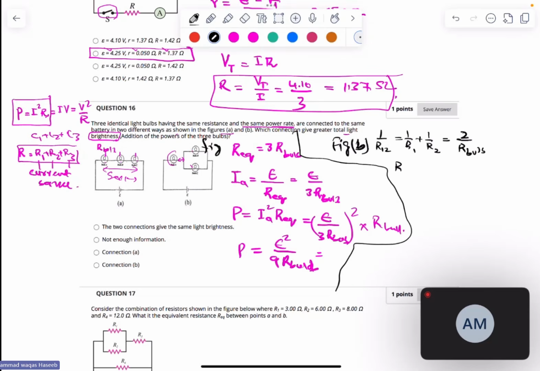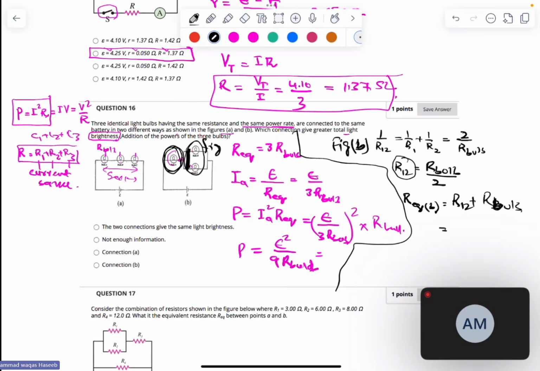So the total resistance for these two, which are in parallel, is R bulb divided by 2, because we take the reciprocal. Now the combined effect of these two is connected in series with this one, so we add the series. So total resistance in the case of B is R12 plus R3, or R bulb.